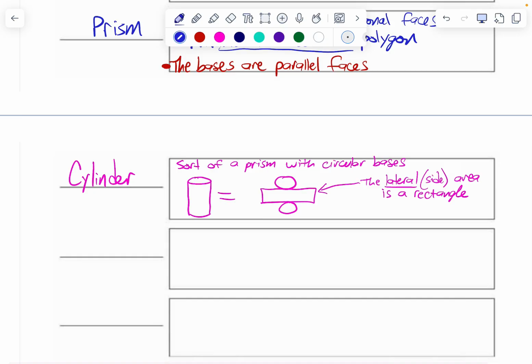Do we have to have these two circular bases actually have matter there to be a cylinder? No. What would it be called if it doesn't? Like a pipe, right? There's nothing on the ends, but it's still a cylinder. Or like a culvert, like a drainage culvert.